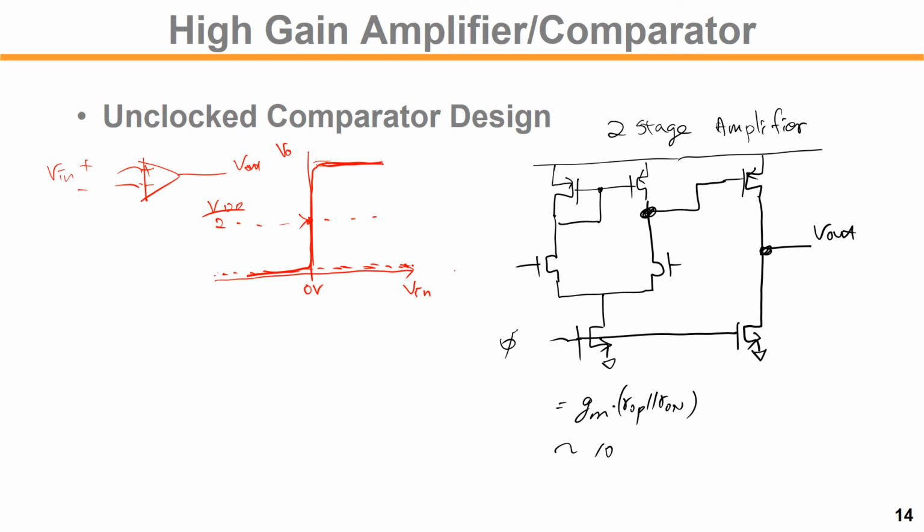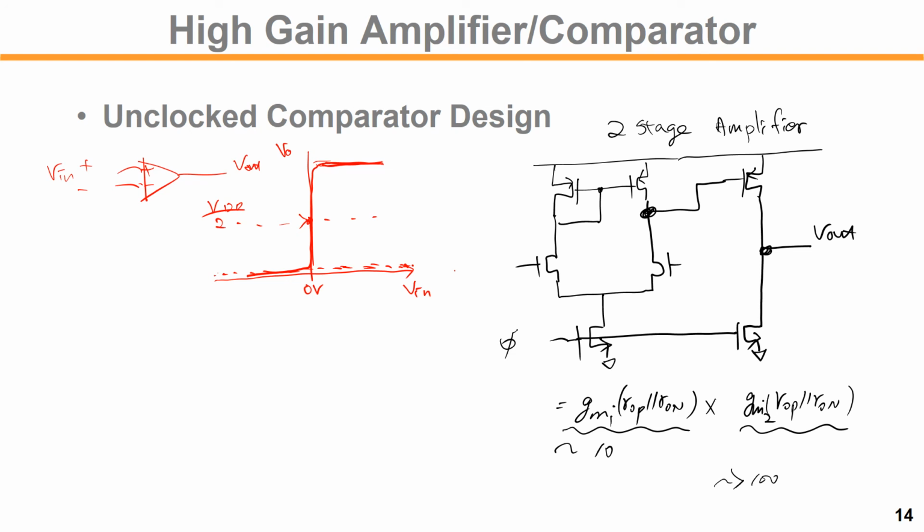So this is another stage, gm times ro,p parallel ro,n, right? Stage 1 and 2. So we can add the second stage gain. This is the first stage gain. So we can easily get more than 100 gain out of this structure. Okay.